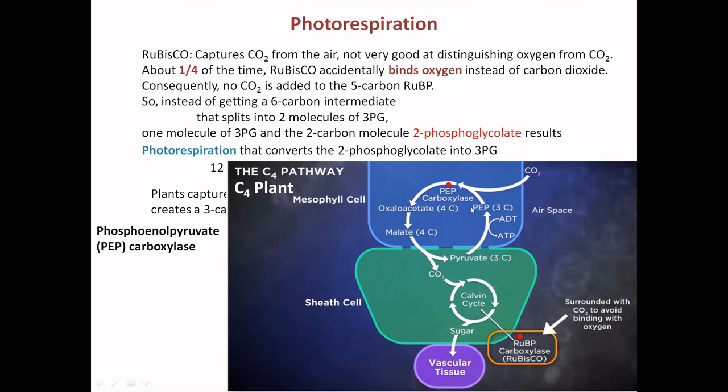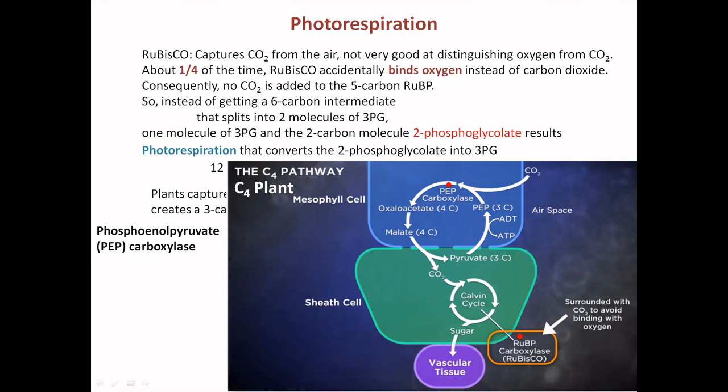They make oxaloacetate, a 4-carbon molecule, which is converted into malate, and this malate goes into the bundle sheath cell adjacent to the mesophyll cell. In this sheath cell, the malate releases CO2, so there is enough CO2 and less exposure to oxygen. RuBisCO now binds more efficiently to CO2, and this avoids producing 2-phosphoglycolate by misjudging and binding to O2.